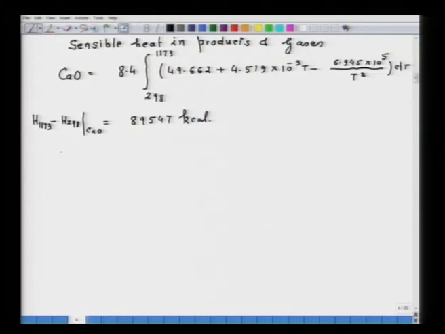Similarly, I can find out for MgO, that will be equal to 0.952.